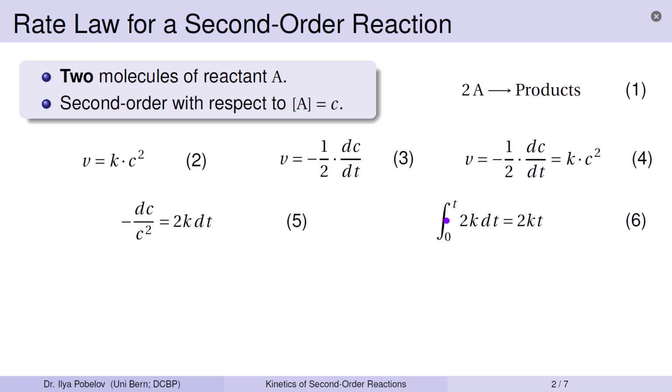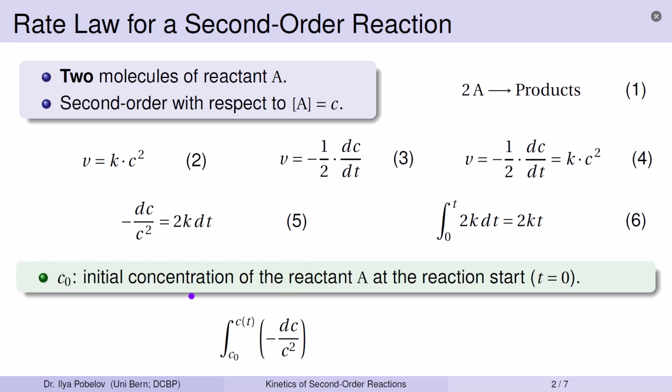On the right side of the equation, we integrate 2k dt from time 0 to the time t and obtain 2kt. We integrate the expression on the left side of the differential equation, negative dC over C squared, from C0 to C. Here, C0 denotes the initial concentration of the reactant at the reaction start.